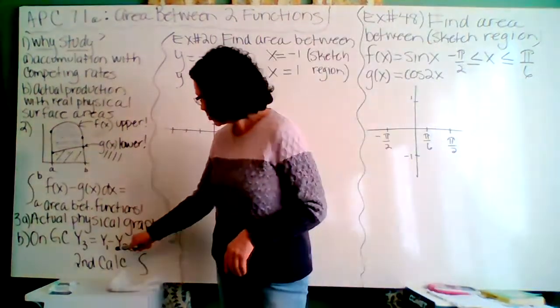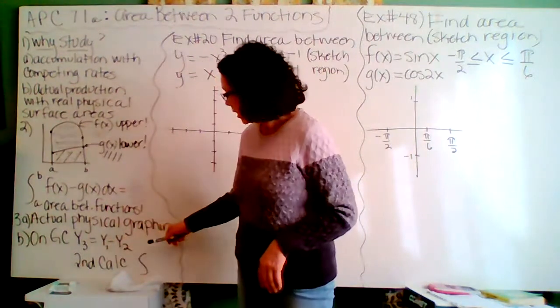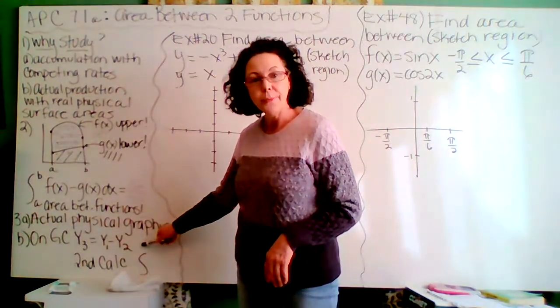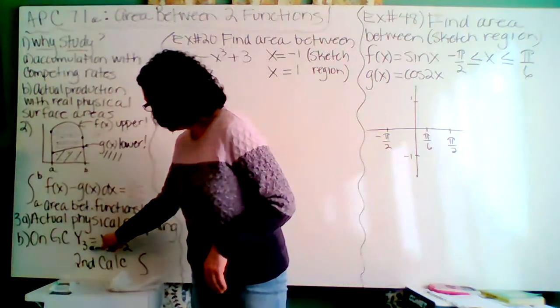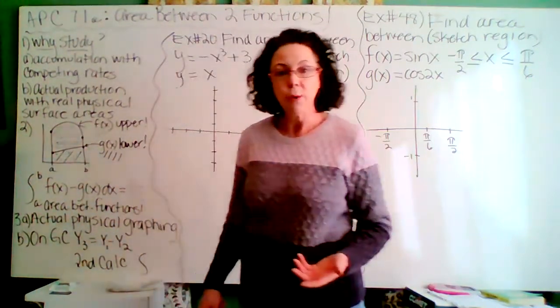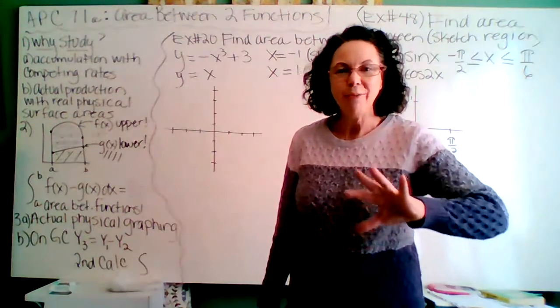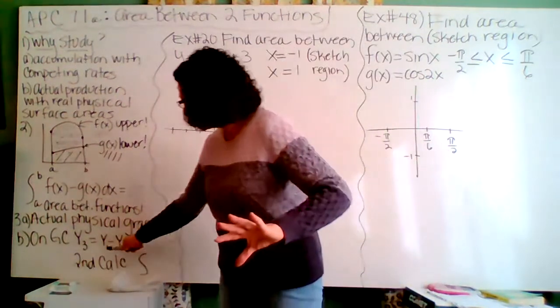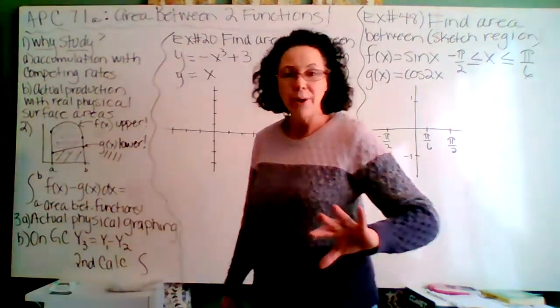We put our upper function on y1. We put our lower function on y2. And on y3, we write y1 minus y2. So we just have that one function that is made up of the subtraction that we want.